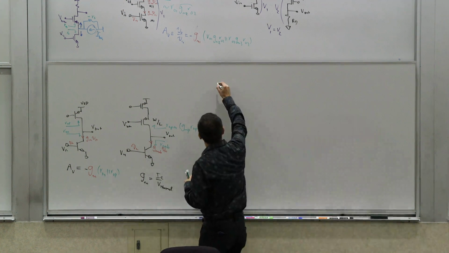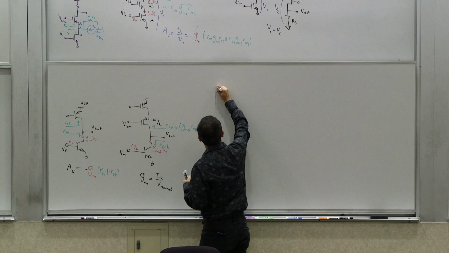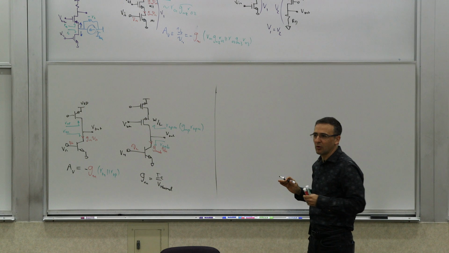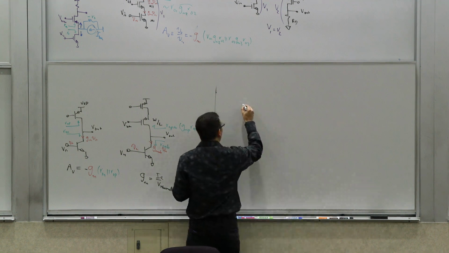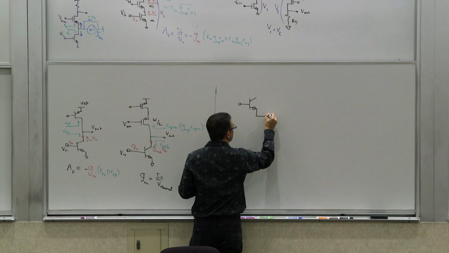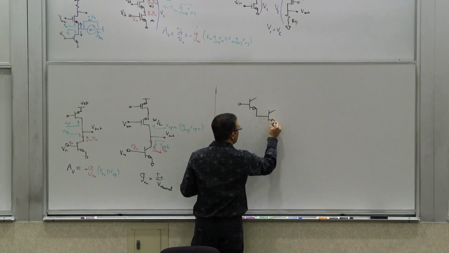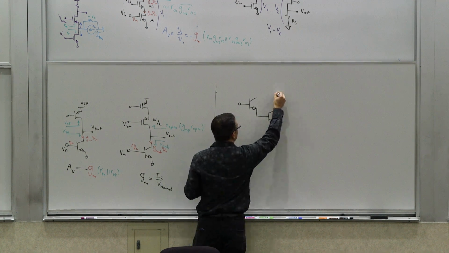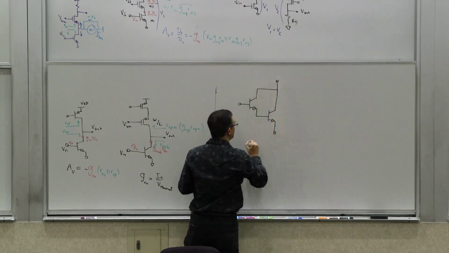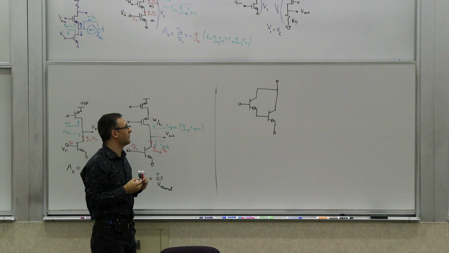But anyway, so another stage, another combination of two transistors is the so-called Darlington. And this is used almost exclusively in bipolars, and you will see why. The Darlington combination is basically having the emitter of one transistor driving the base of the second transistor, and they share the same collector current. So it's a compound transistor, if you will.